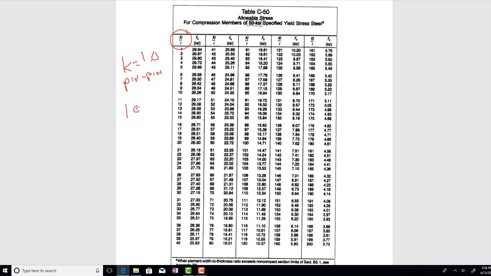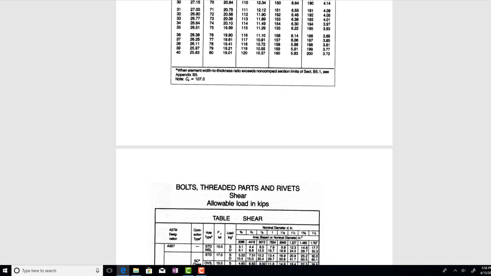L was the length, and R was the radius of gyration that comes from our geometric properties. And you can quickly calculate what the KL over R ratio is, and then pull off of there the allowable stress. And this gives us the stress limit of what we're dealing with.